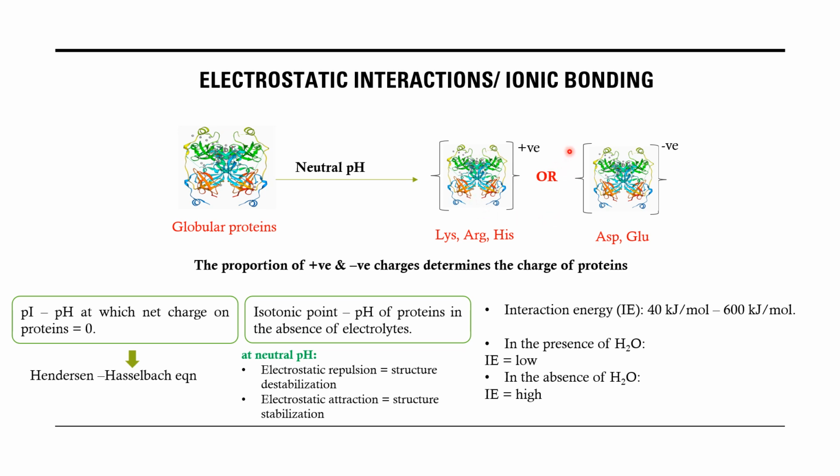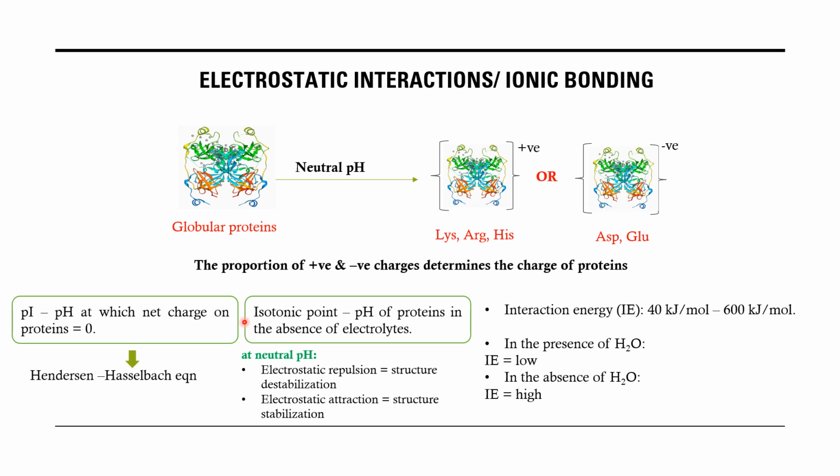Or it can happen that the negatively charged amino acids like aspartic acid and glutamic acid dominate the polypeptide chain. Then the net charge on the protein at neutral pH is going to be negative. So depending on how many positive and negative charges we have, the protein tends to be either positively or negatively charged at neutral pH.